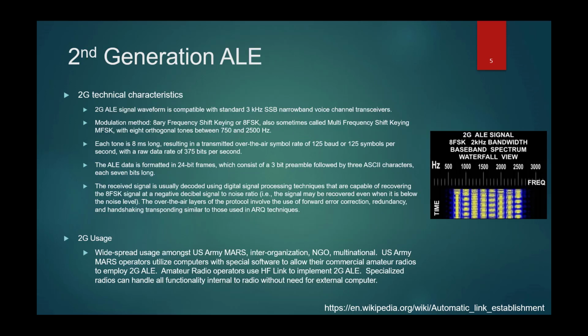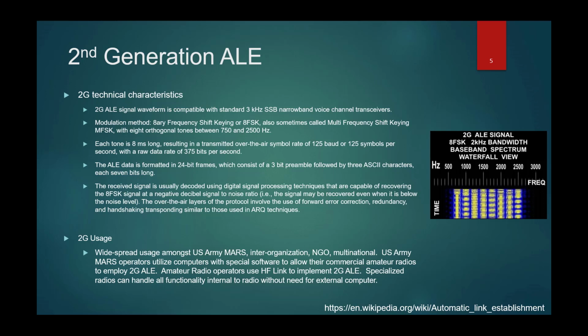So let's look at the technical characteristics behind second generation. Off to your right, you see a waterfall display. Within it we have a typical narrowband HF single sideband 3 kilohertz bandwidth signal.